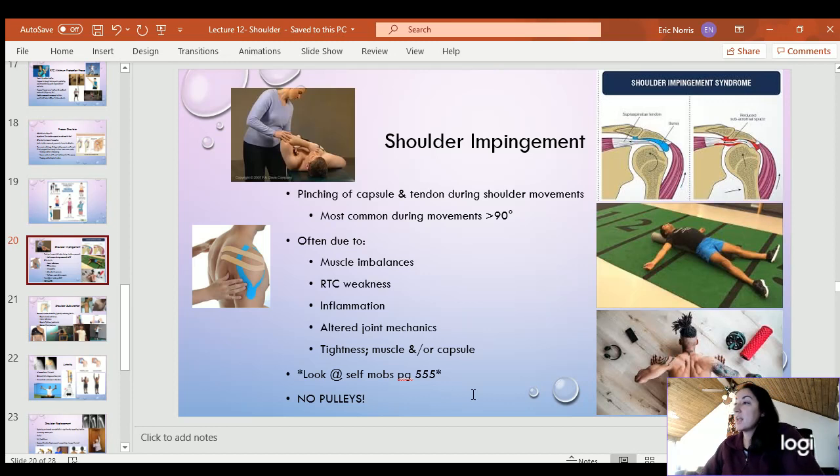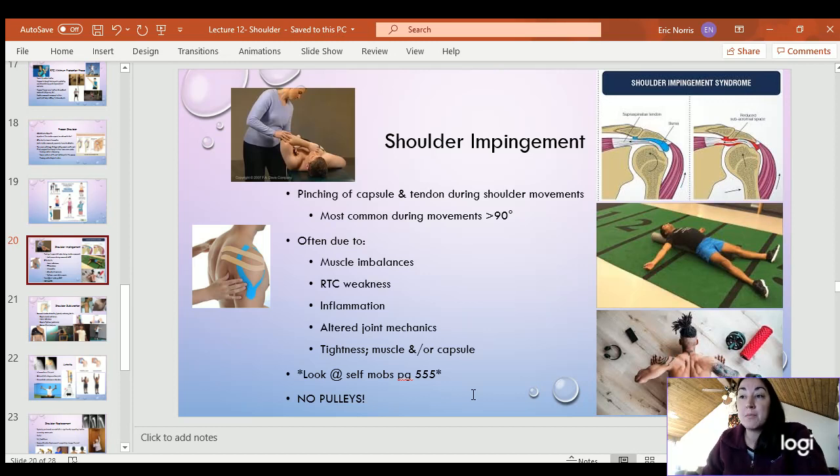And one thing that I definitely do not recommend in this stage or in shoulder impingement is pulleys. So I know pulleys is an exercise that's used a lot for shoulder patients, and for some, we just saw with somebody with adhesive capsulitis, it would be appropriate to do pulleys to try and increase that range of motion.